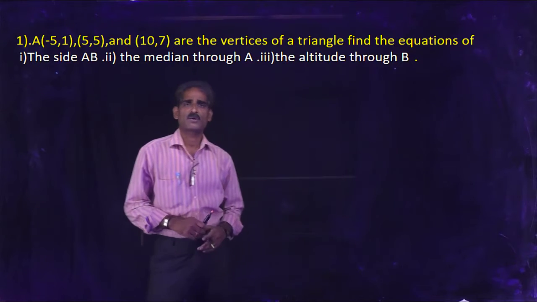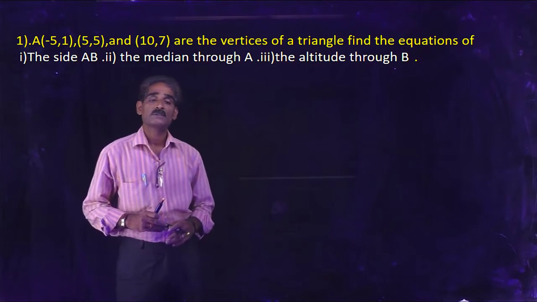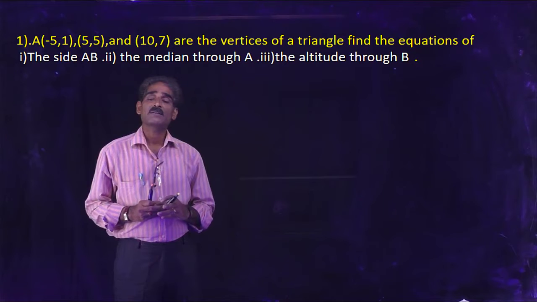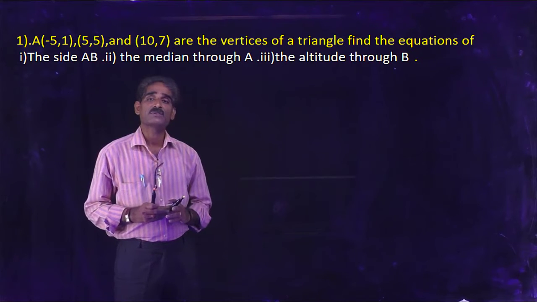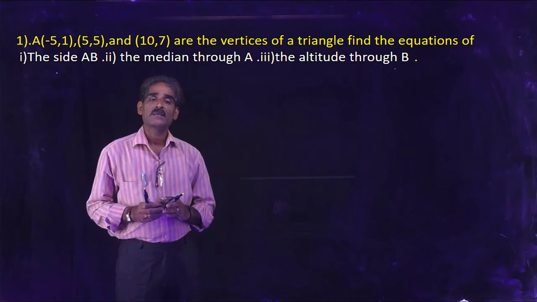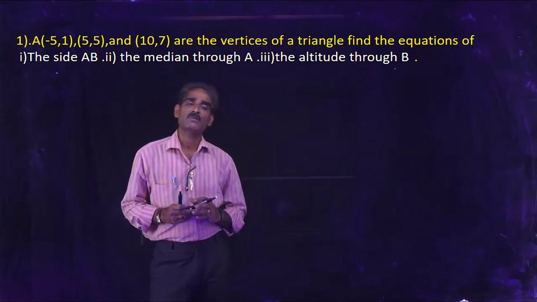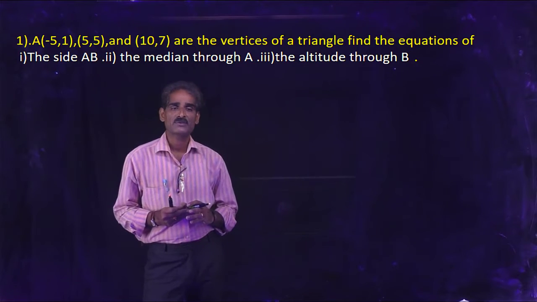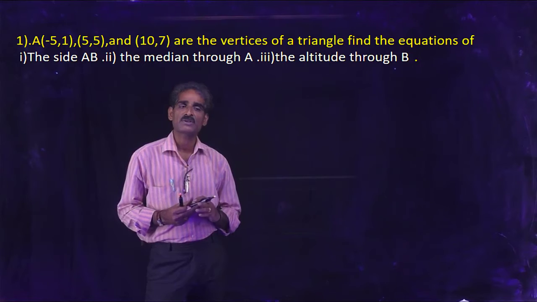So see this problem. Here we are given three points, the vertices of a triangle: A (-5, 1), B (5, 5) and C (10, 7). Just three points are given.